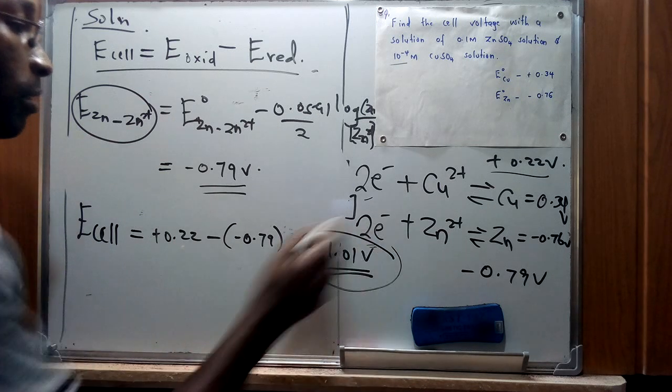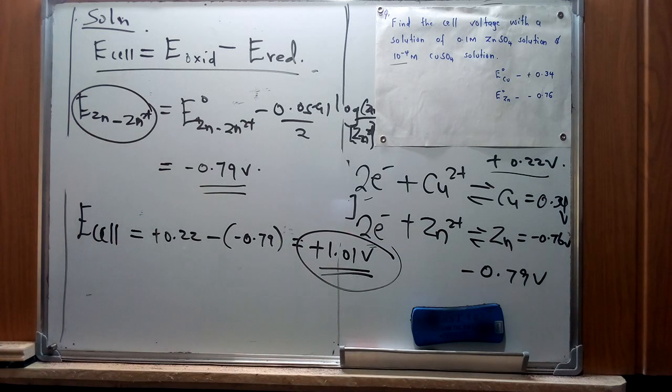So in this case, using the Nernst equation and the two parts of the electrochemical cell, the half equations for those specific reactions, we can find the E cell for the electrochemical cell that is made up of copper sulfate and zinc sulfate solutions using those specific approaches.